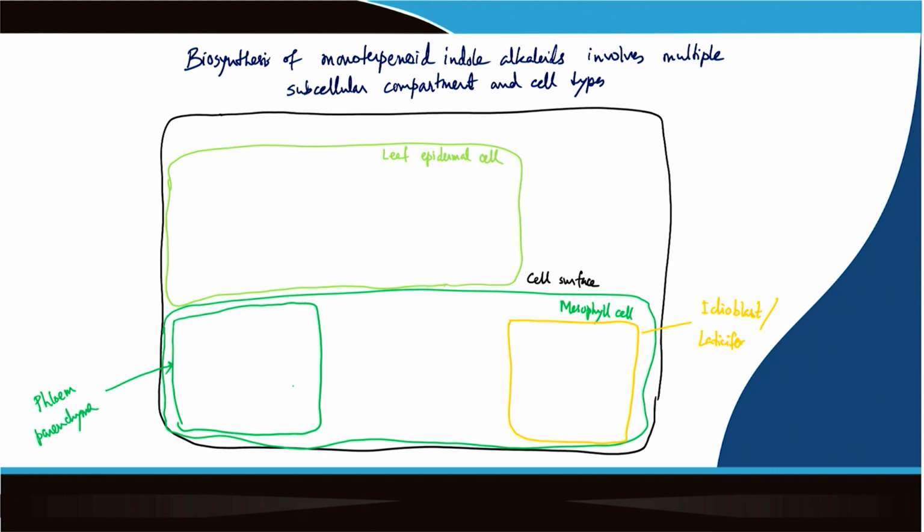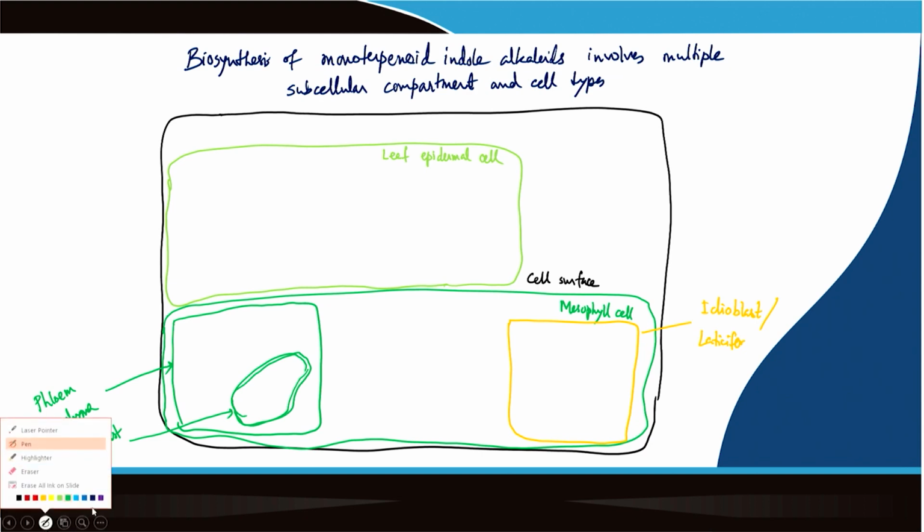And then inside one of the cells it contains the plastid. This is the chloroplast. Okay.